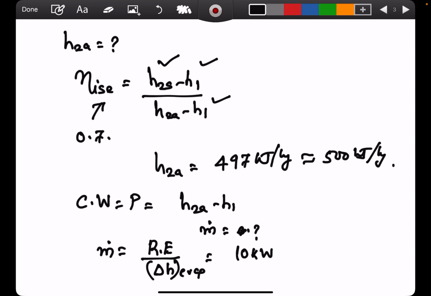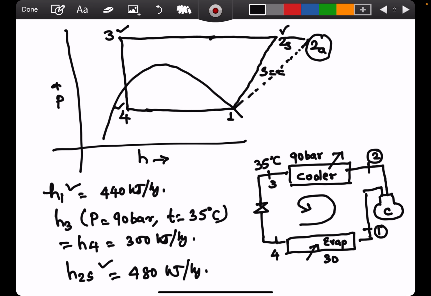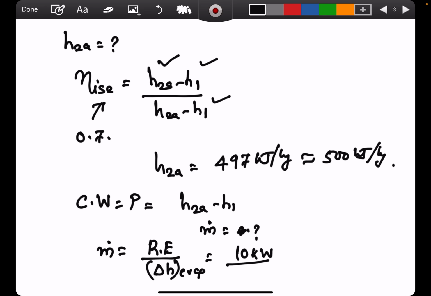Enthalpy difference across the evaporator you can find out as H1 minus H4, that is 440 minus 300. Okay, that gives you the mass flow rate, and that comes to be around 0.07.